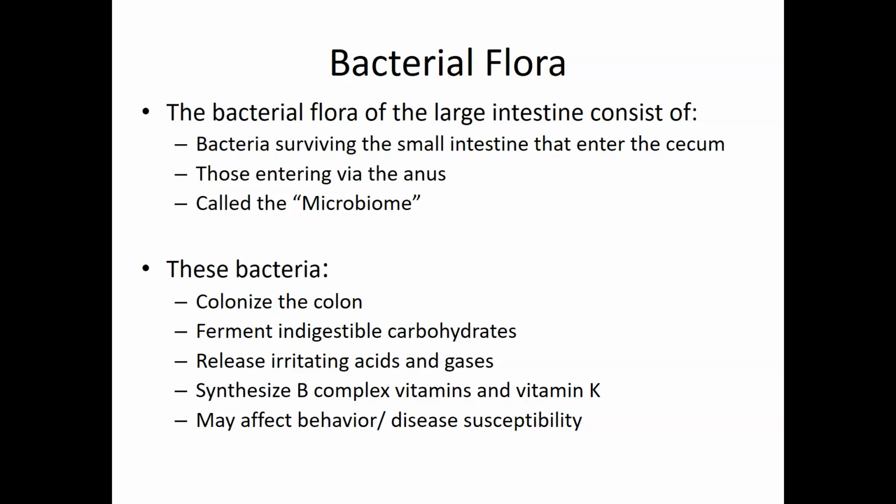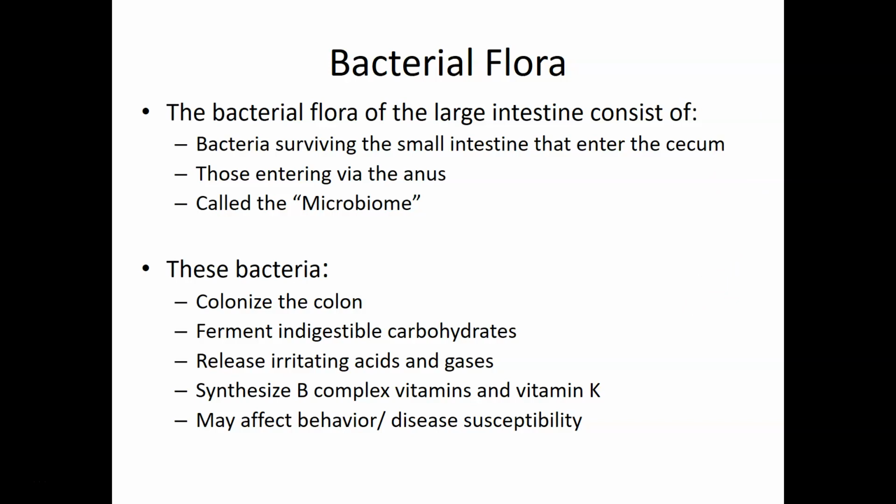What do these bacterial populations do? There are a number of functions that have been known for a long time. They are involved in fermenting some kinds of carbohydrates that we can't digest otherwise, so they do help with digesting those.